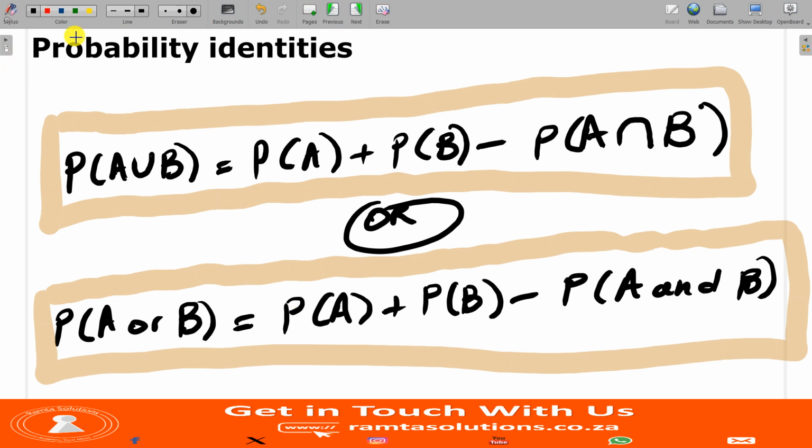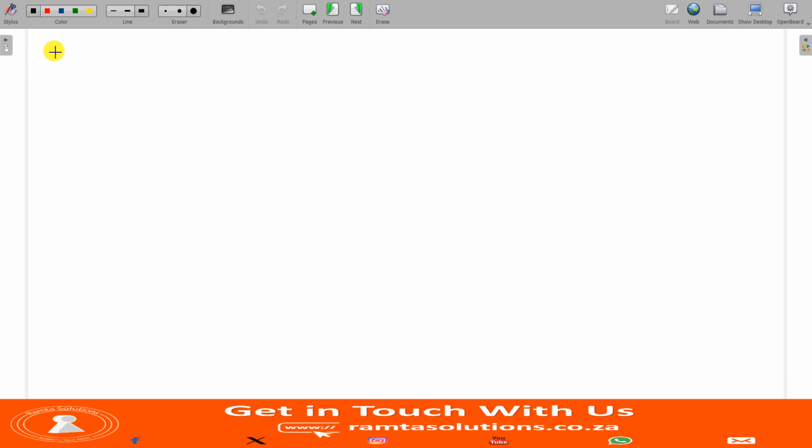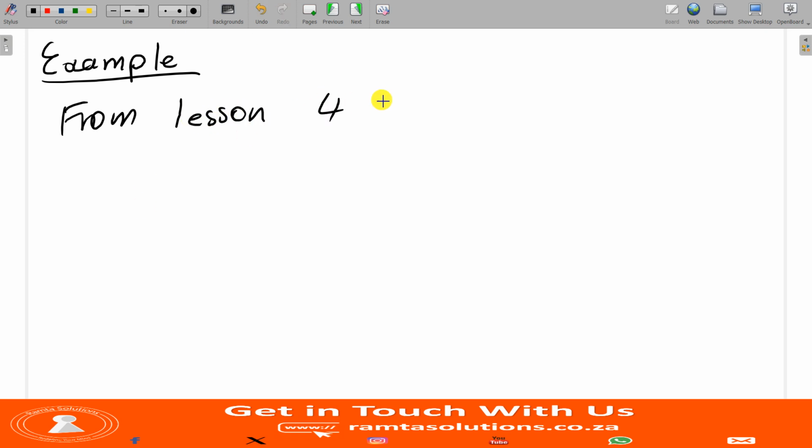Now I am going to prove that this really works. We are going to take the example from lesson 4, which was about Anati and Tiamo.